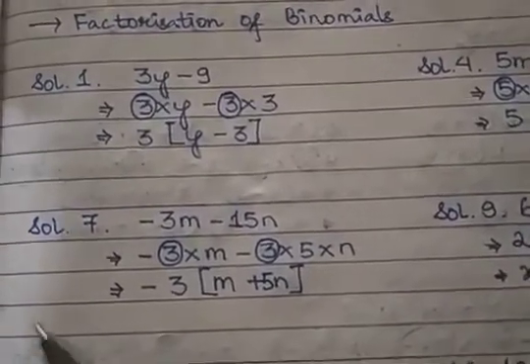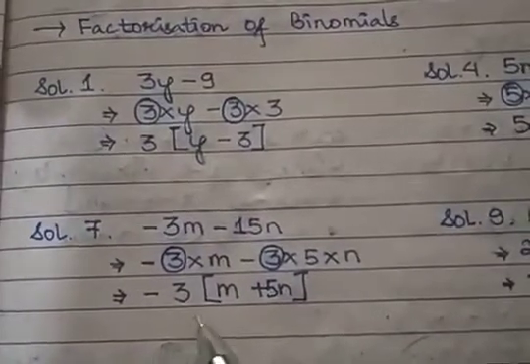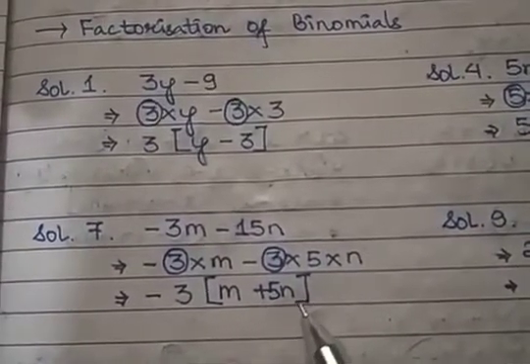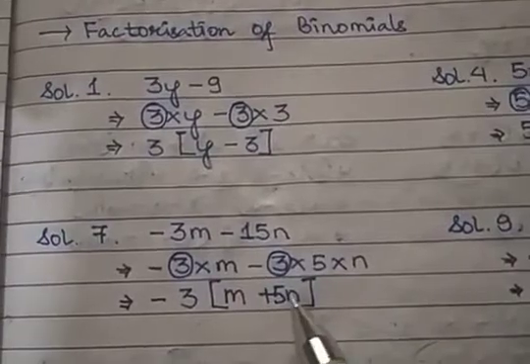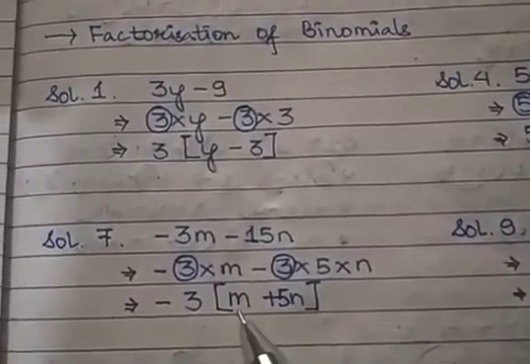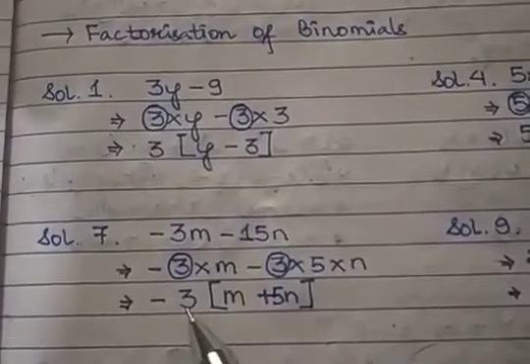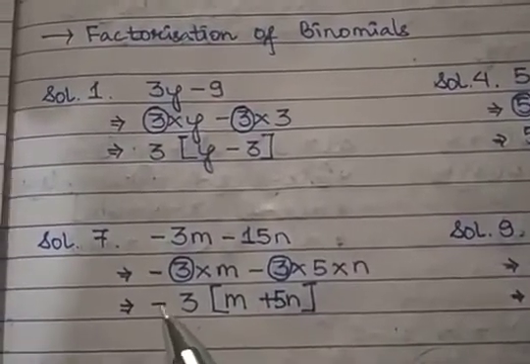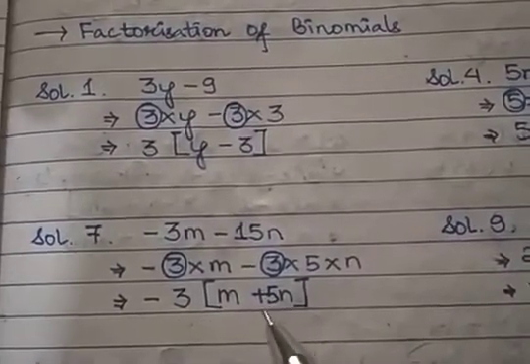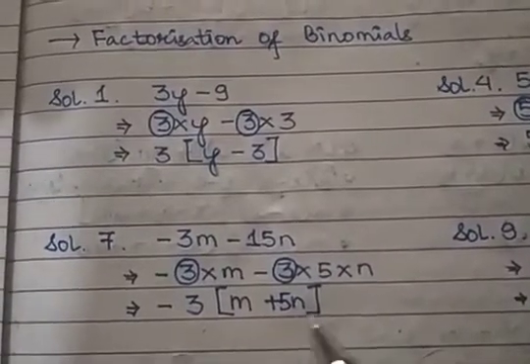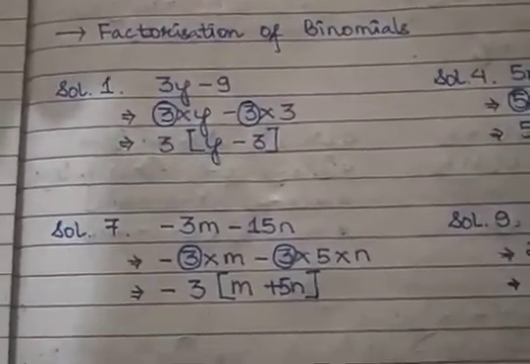So finally, what do I get here? Minus 3 bracket m plus n. Within the brackets we got a binomial, two unlike terms. We cannot do anything regarding it, isn't it? The answer we got here is minus 3 bracket m plus 5n in its factor form. So we are done here.